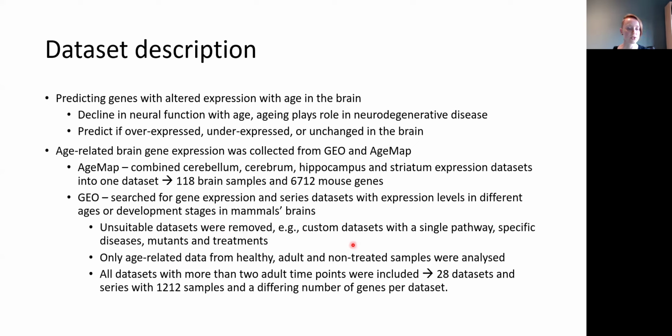So they only used age-related data from healthy, adult, and non-treated samples, and only included datasets that had more than 2 adult time points as well. So from this GEO search, they ended up with 28 datasets, and within these contained 1,212 samples with different numbers of genes per dataset.